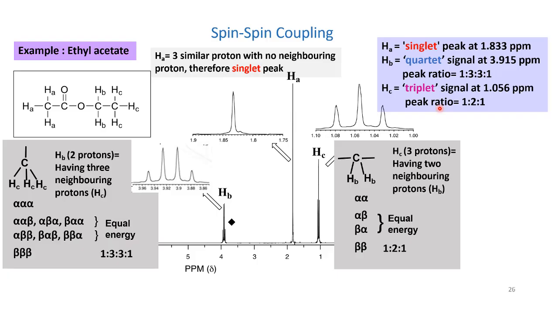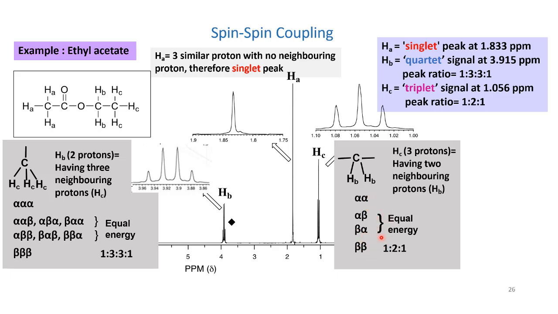And another example is ethyl acetate. Here HA will have 3 protons with no neighboring proton, therefore a single peak. So we do not have any neighboring proton here, so we get a single peak. But let's consider HB here. It has the possibilities alpha alpha, alpha beta, beta alpha, or beta beta.